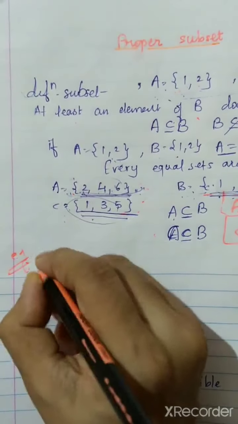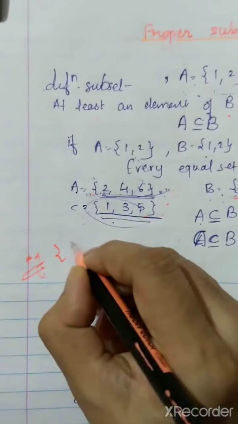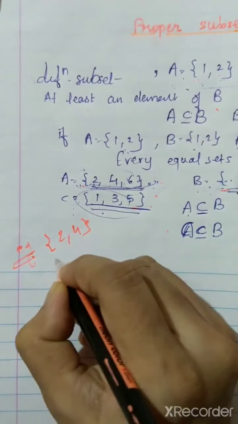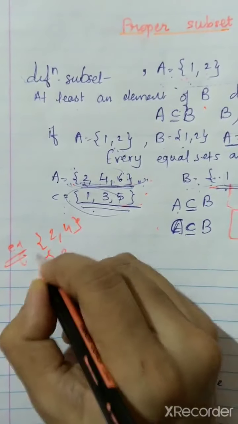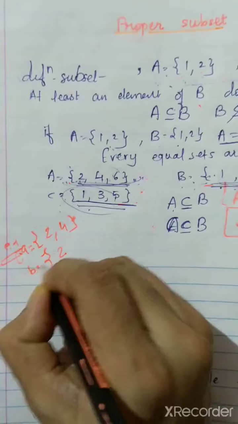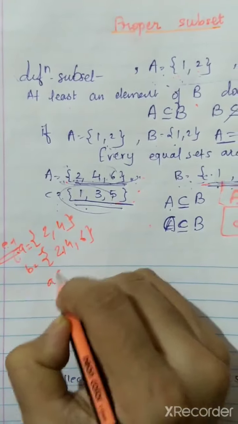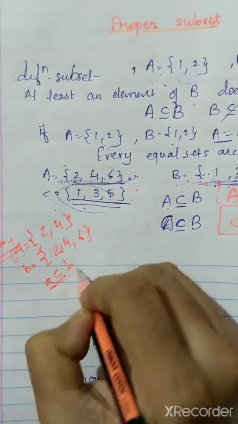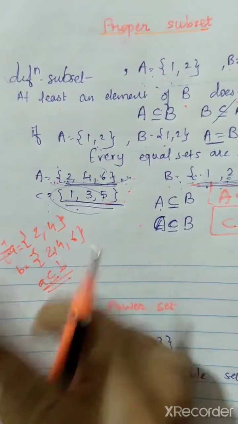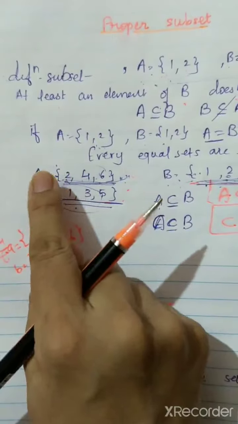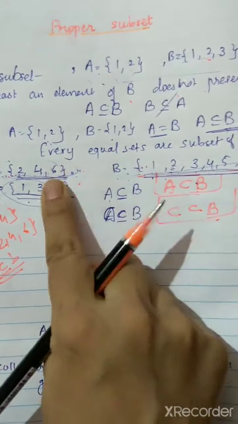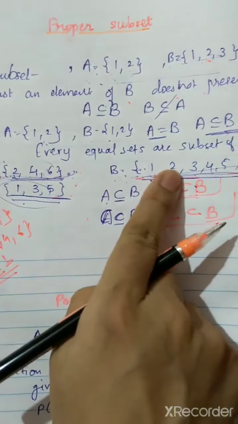Another example I'll give you: you have numbers 2, 4 as set A and set B as 2, 4, 6. So here A is subset of B. Okay, understood? Only subset, not proper subset. But here A and B, इसमें we have A is proper subset of B.